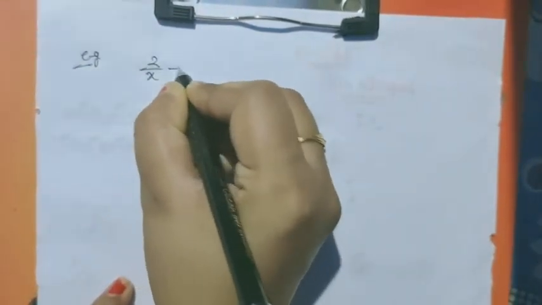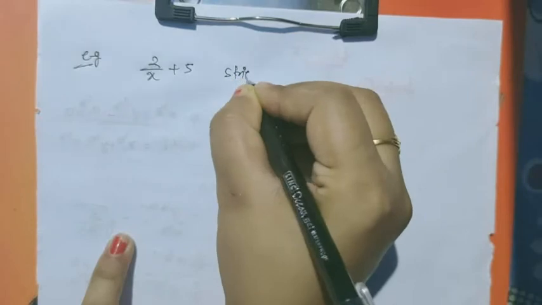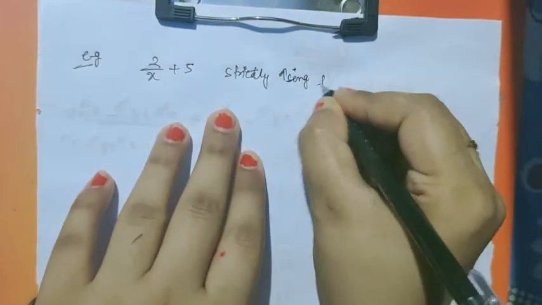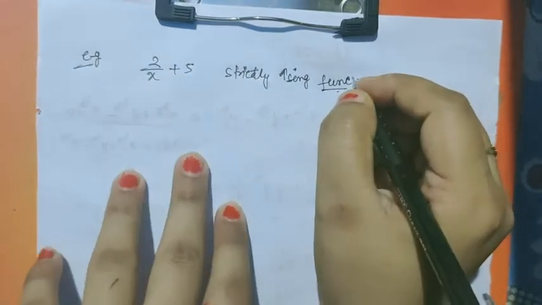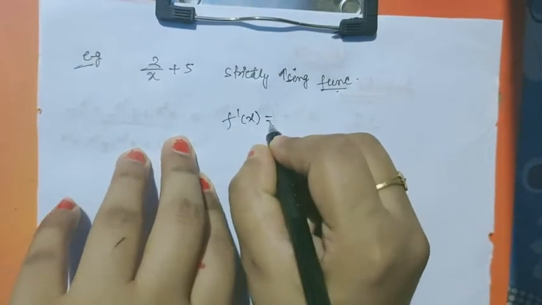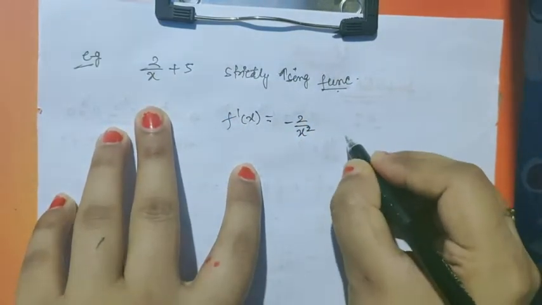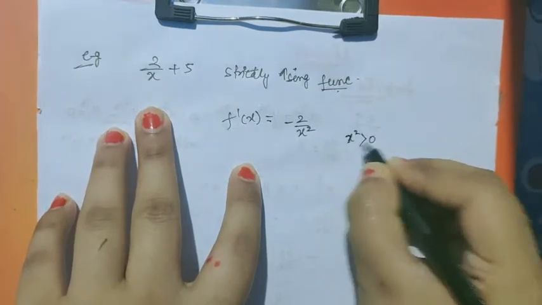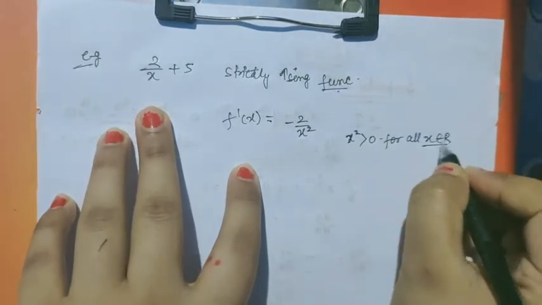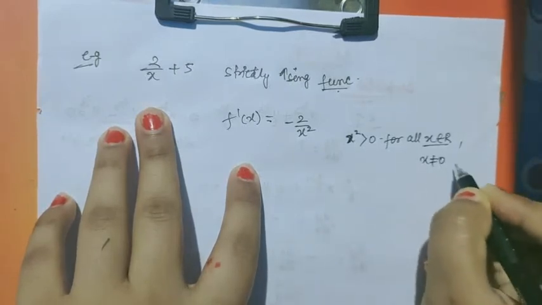Let me take an example. If I am giving a function 2 by x plus 5, then prove that this function is strictly increasing function. So what will you do for finding this? First we will calculate f dash x. So f dash x will be minus 2 by x square. See here, x square will be greater than 0 for all x belonging to R, yes or no? For every real number, x square will be greater than 0 except x equals 0.